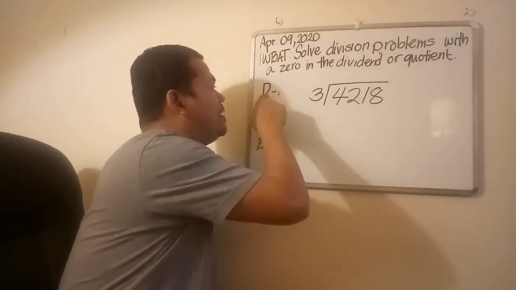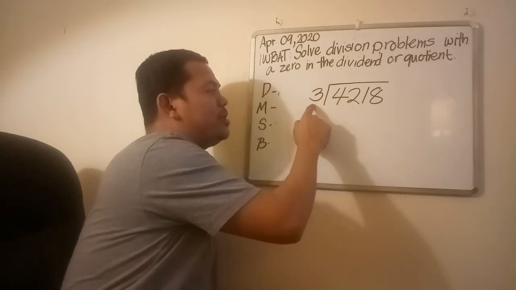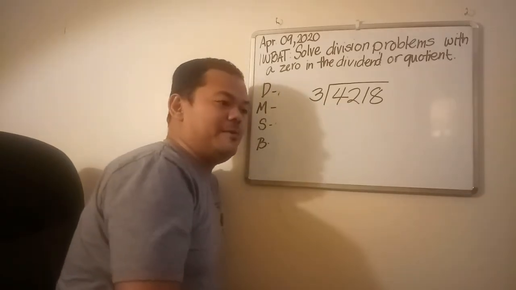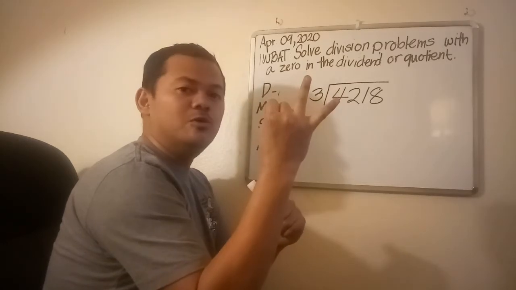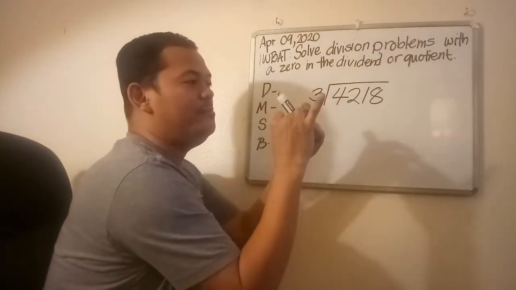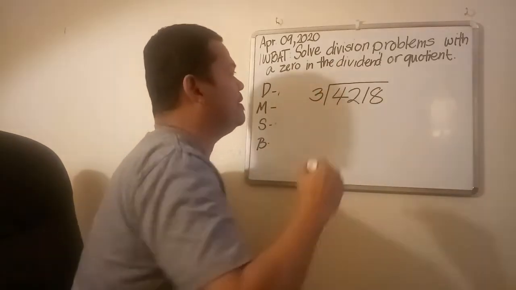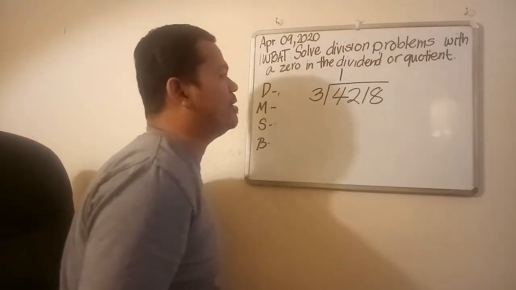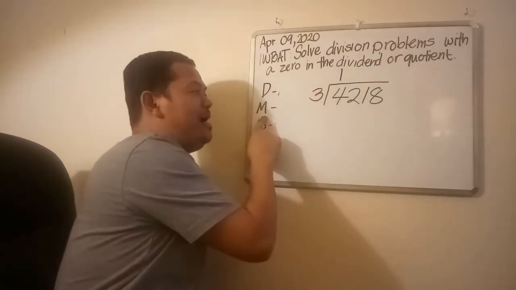Okay? So the first thing you're going to do is to divide. 4 divided by 3. Let's count by 3. 3, 6. Can we use 6? No, because 6 is greater than 4. So we are going to remove it. So the answer is 1. Right here, 1. There you go. After we divide, what's next? We multiply, right?